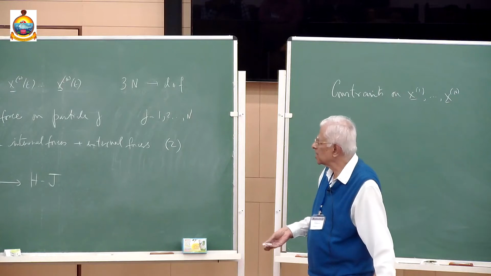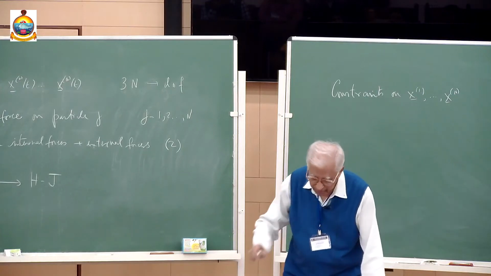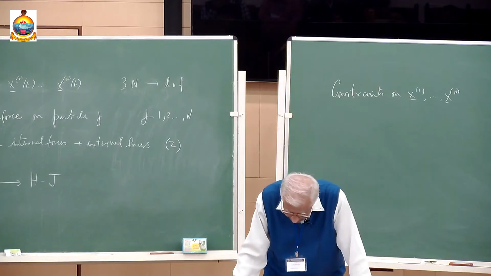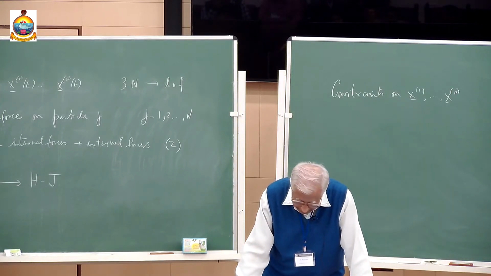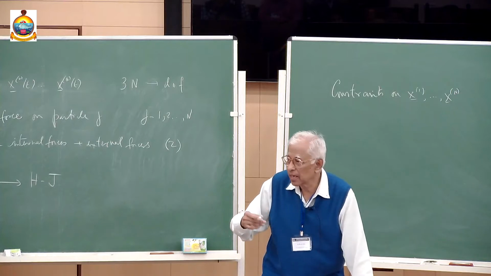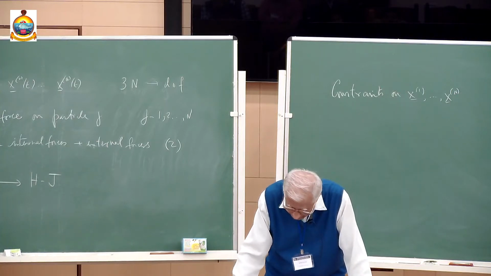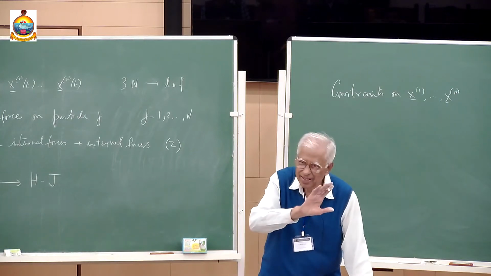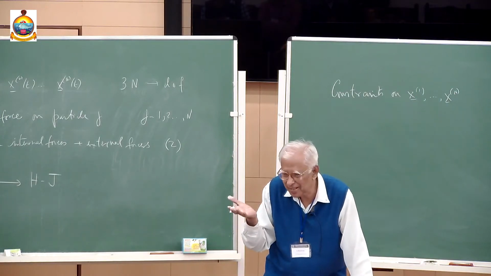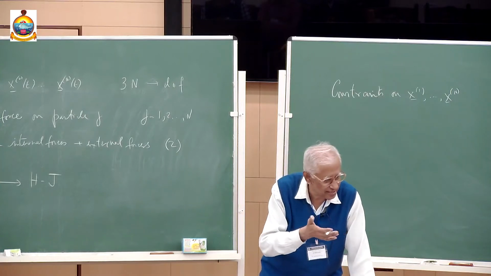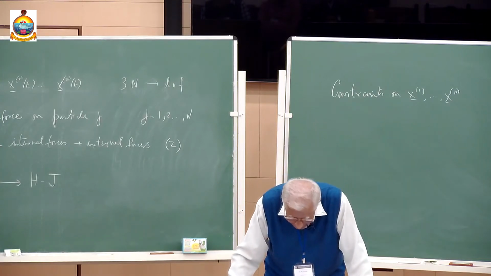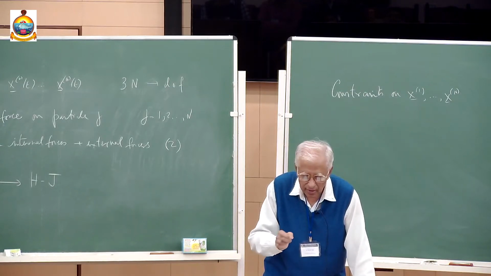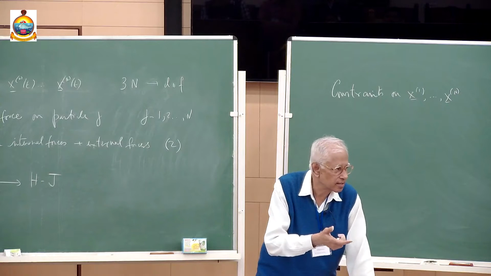Then you might have constraints which are time independent. They have a certain name, rheonomic. You may have, on the other hand, constraints which do depend on time, which keep changing with time. They are called scleronomic. I am just giving a list of different possibilities, one for each Greek word. Then you may have conditions on coordinates which are written not as equations but as inequalities.